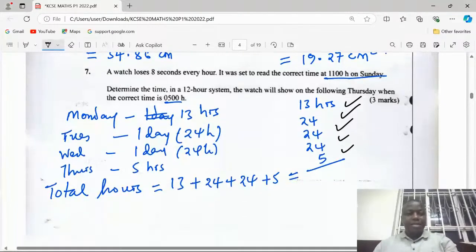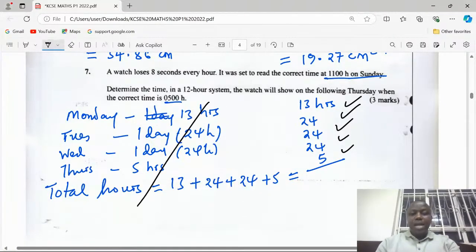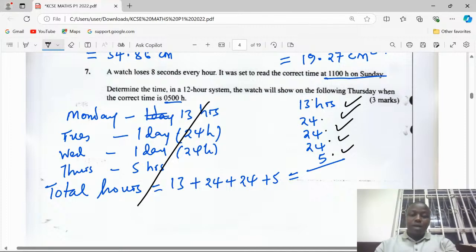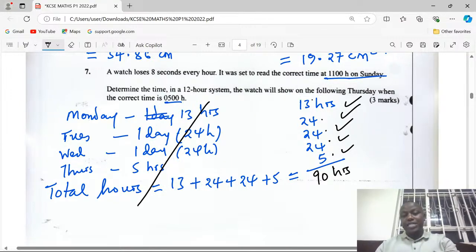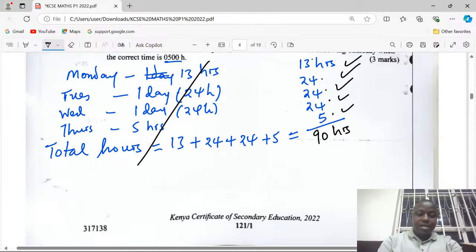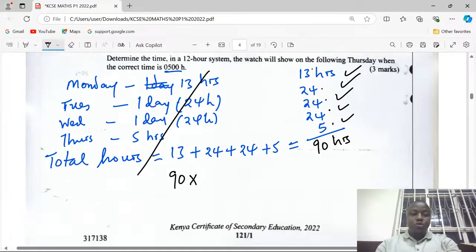On Thursday, 5 hours. Therefore, we'll be having a total hours of 13 plus 24 plus 24 plus 24, then plus 5. So we're going to have exactly 90 hours. We were getting 66 because there is a day we were skipping in the counting. Sorry for that. Now with 90 hours, and for every hour, the watch is going to lose 8 seconds.